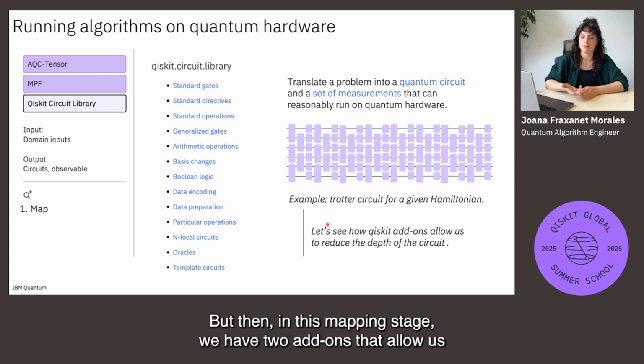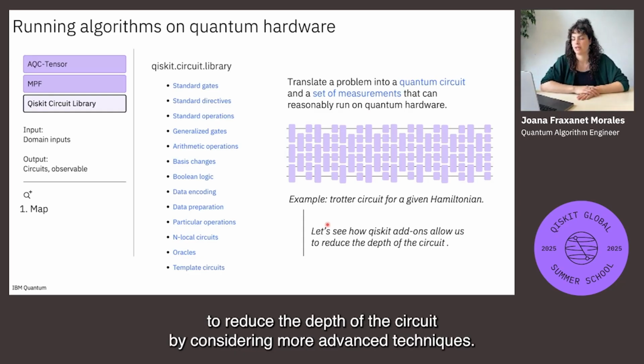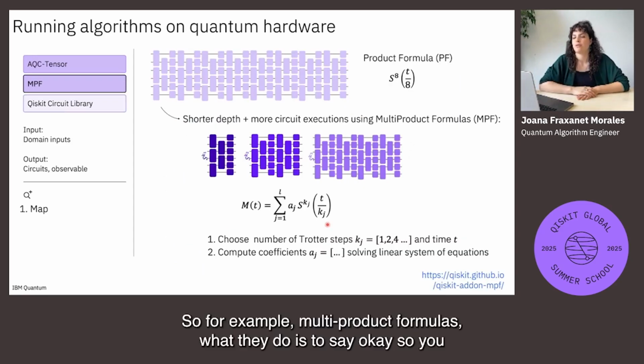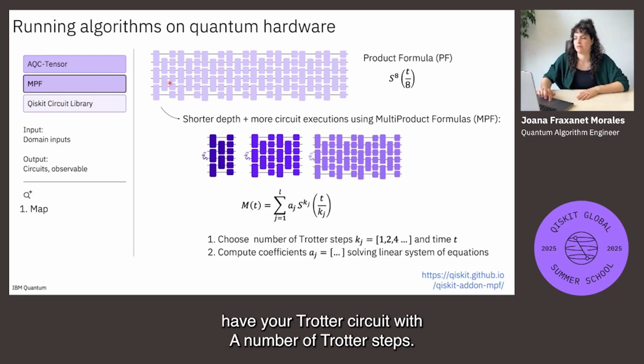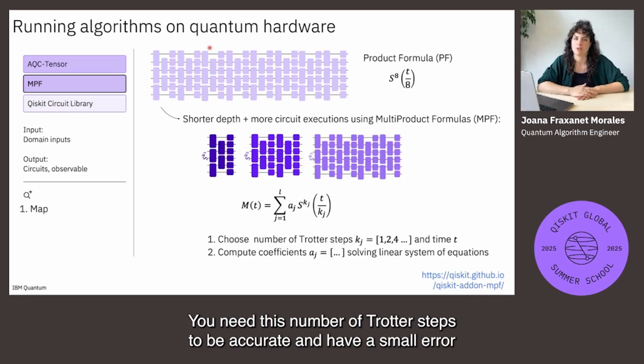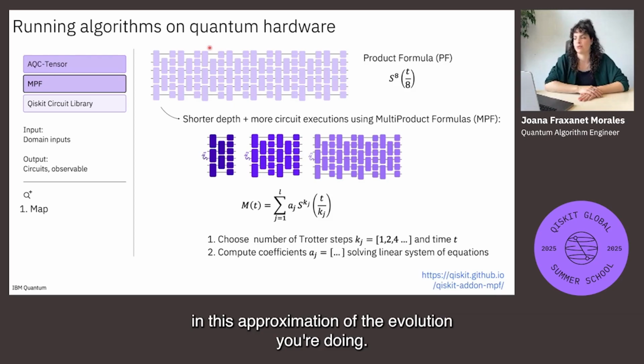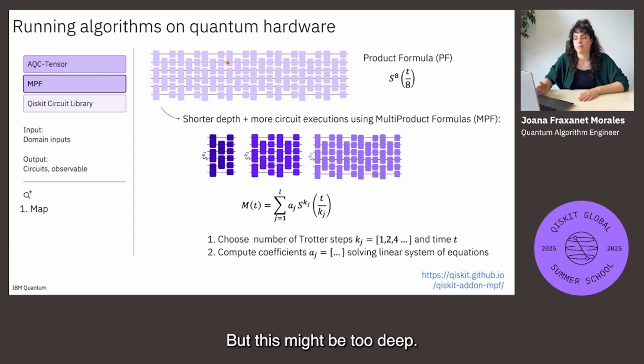But then in this mapping stage, we have two Qiskit add-ons that allow us to reduce the depth of this circuit by considering more advanced techniques. So, for example, multi-product formulas, what they do is to say, okay, so you have your Trotter circuit with a number of Trotter steps. You need this number of Trotter steps to be accurate and have a small error in this approximation of the evolution you're doing. But this might be too deep.